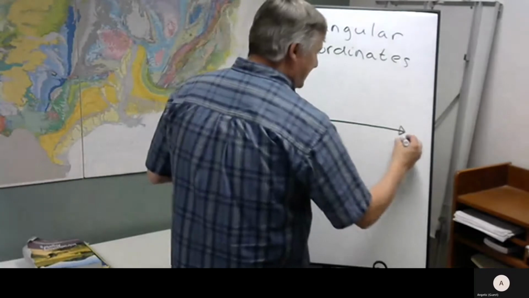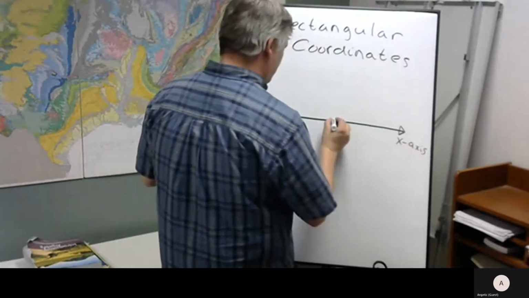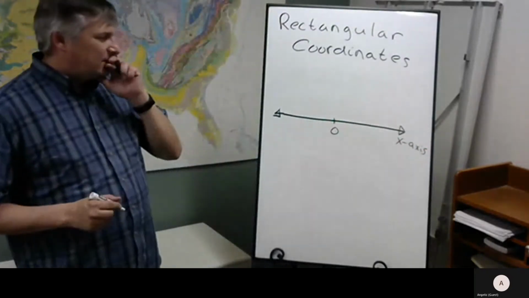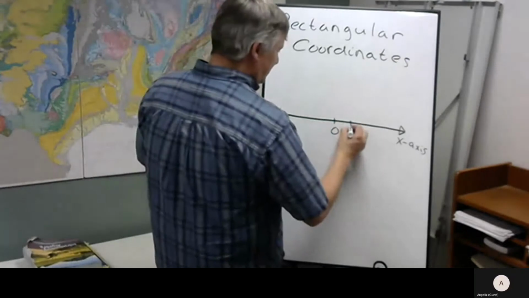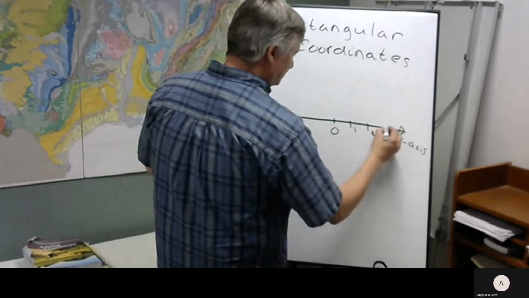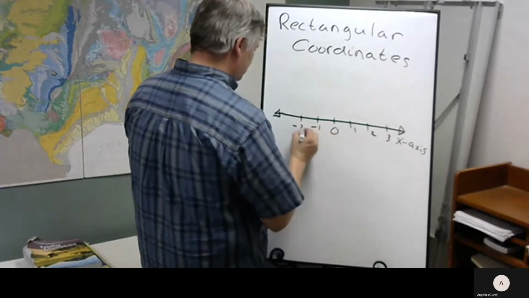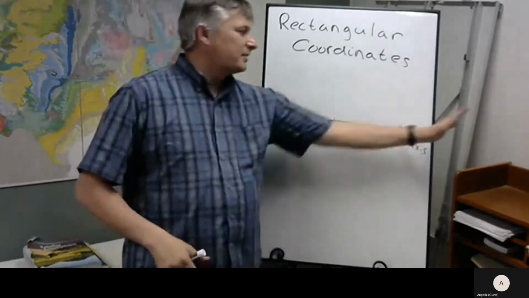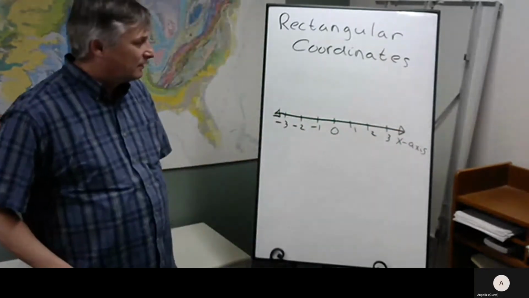There's the familiar x-axis, and you might remember this from algebra. You also use this when you're working with negative numbers, but it's just your typical number line. And it extends on and on forever that way, and on forever this way.